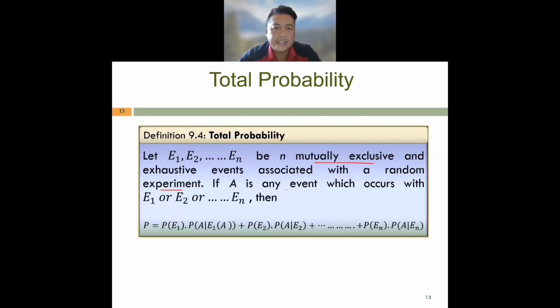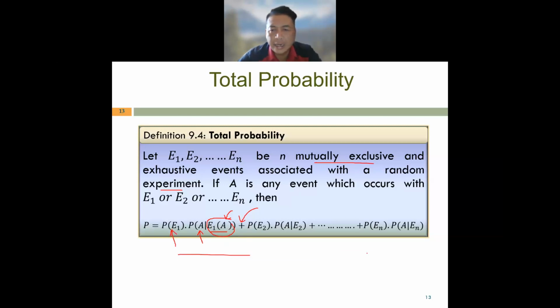If A is any event which occurs with E1 or E2 and so on, we are using the plus here, and we look at event 1 for having A, the probability of having A given event 1, and this is the probability of E1.